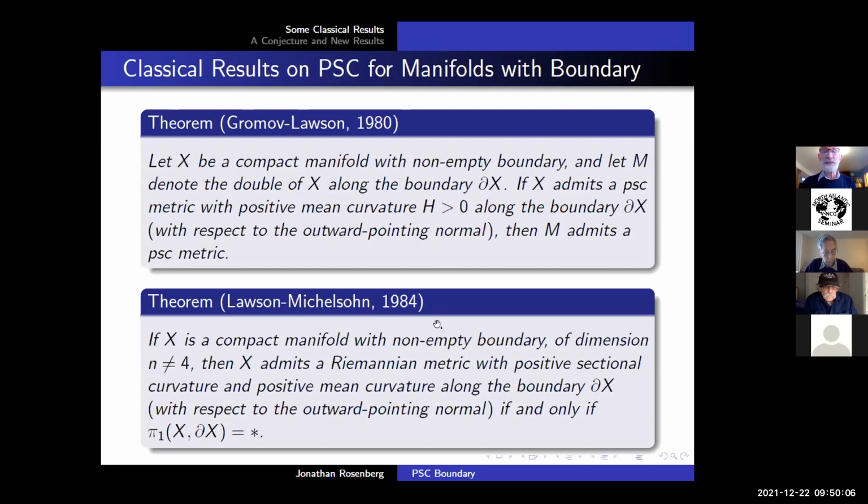So there are lots of cases where you'll have positive sectional curvature with positive mean curvature along the boundary. In those cases, you could apply this doubling theorem, and you would get positive scalar curvature on the closed manifold that's gotten by doubling X along the boundary. If you take these two theorems and put them together.